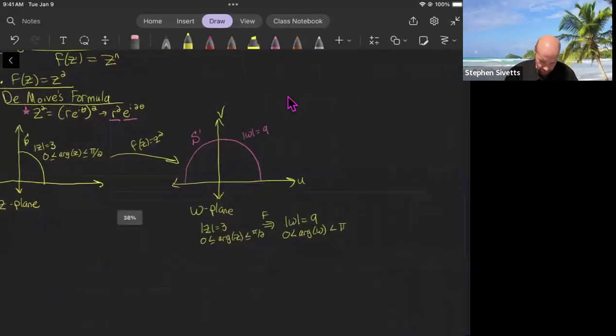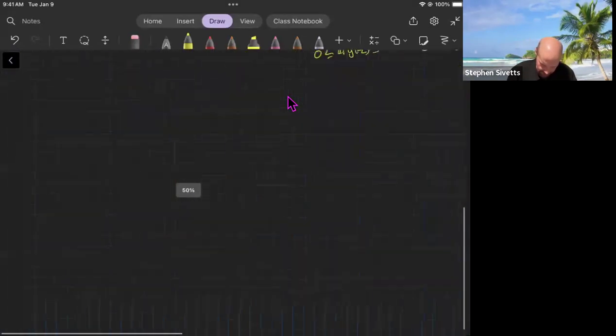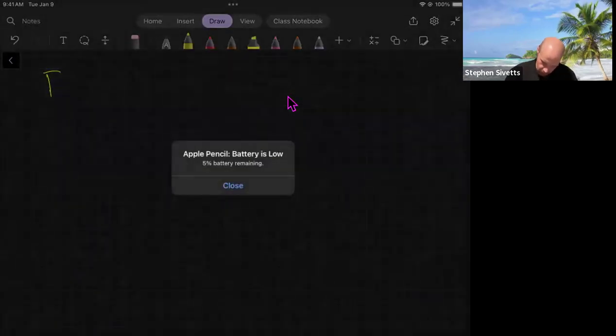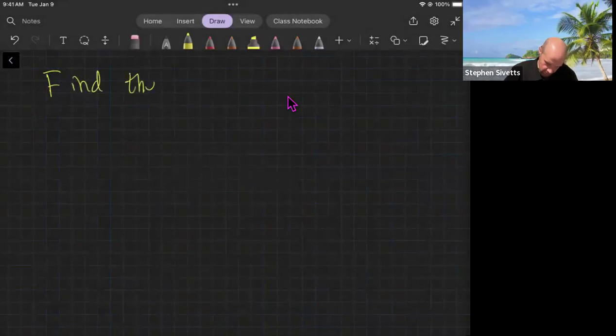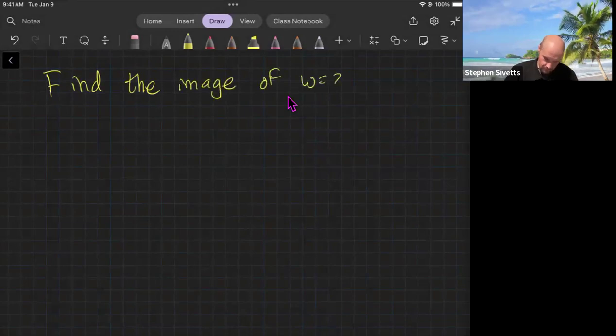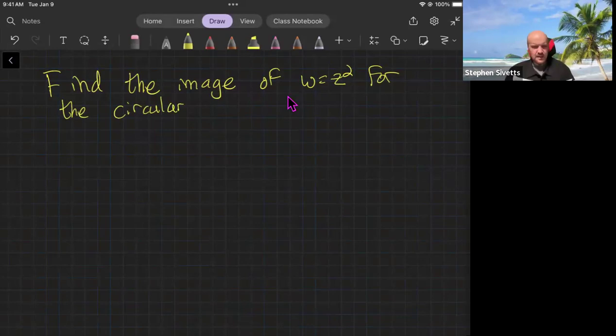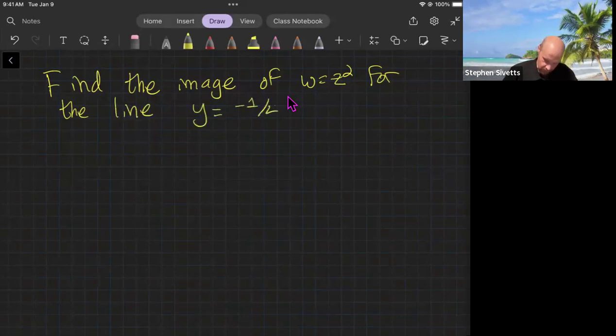Let's look at another example. Let's do the line y equals -1/4.